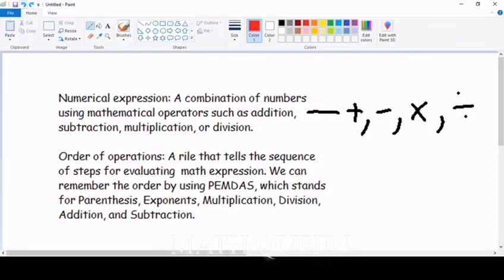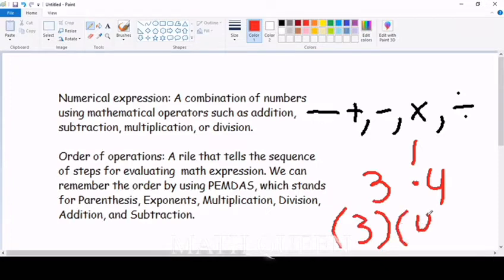So in the future, we might be changing this X into a dot. So instead of doing 3x4, we can do 3·4, or your teachers might do parentheses 3, parentheses 4. Because X is a common variable used in math, and we don't want anyone to get confused thinking that the X is a multiplication sign when really it's a variable.